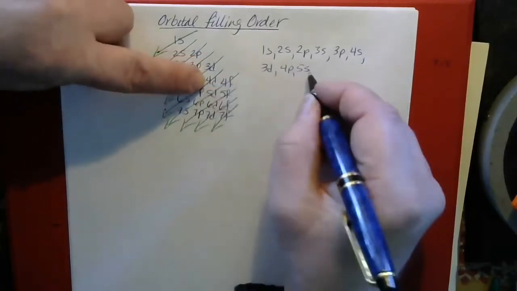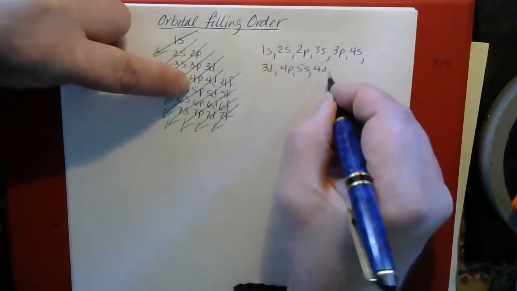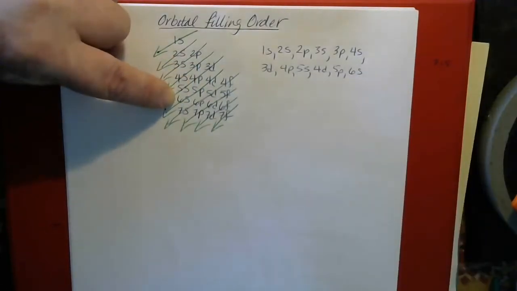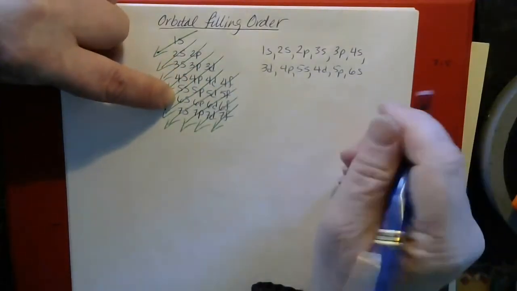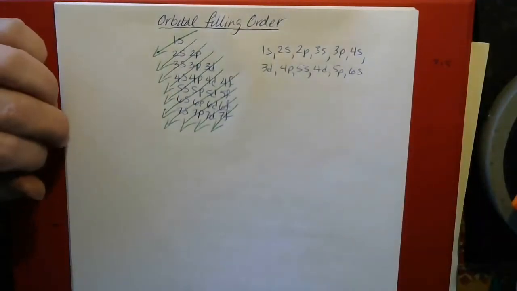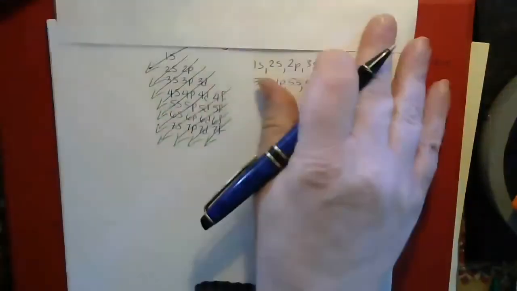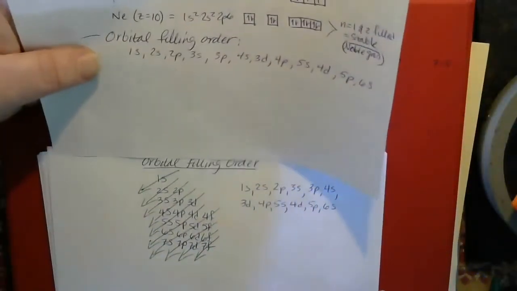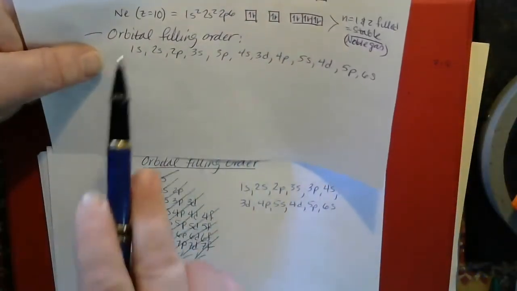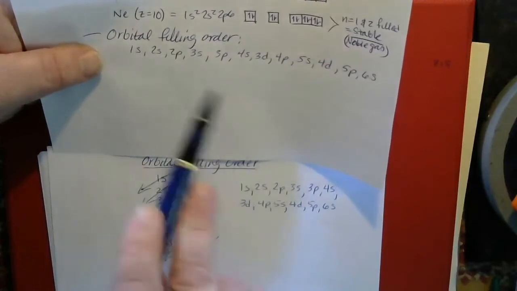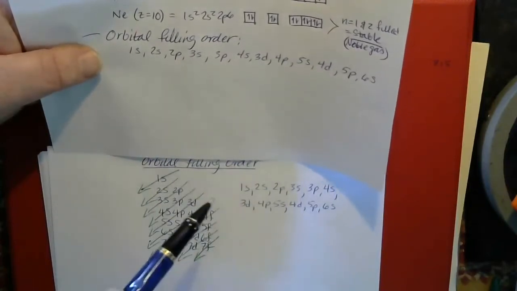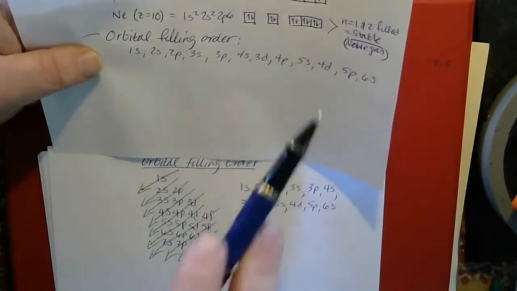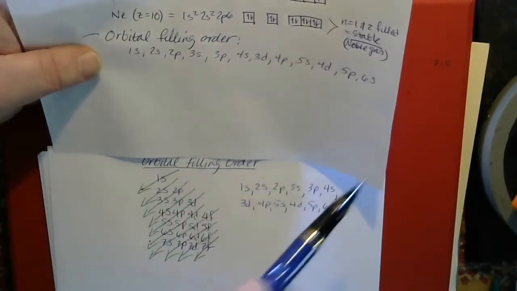After that, we come to 4d, 5p, 6s, and I think that's where the other list ended. Yes, it is. So now we can compare. 1s, 2s, 2p, 3s, 3p, 4s, 3d, 4p, 5s, 4d, 5p, 6s.